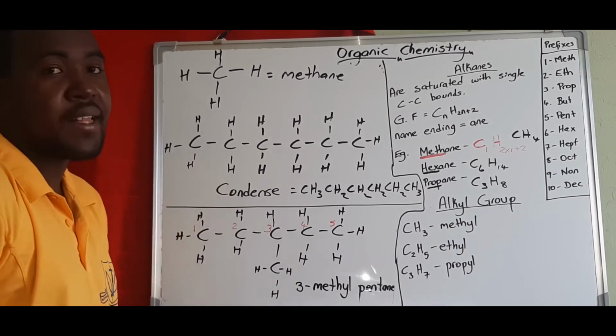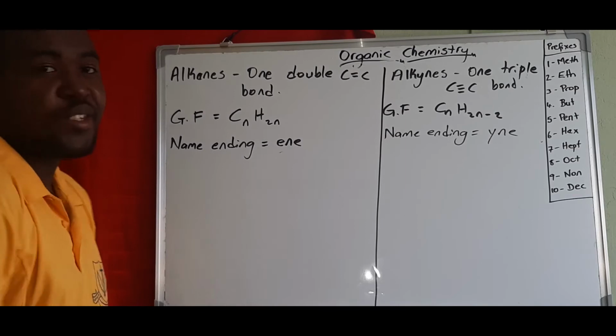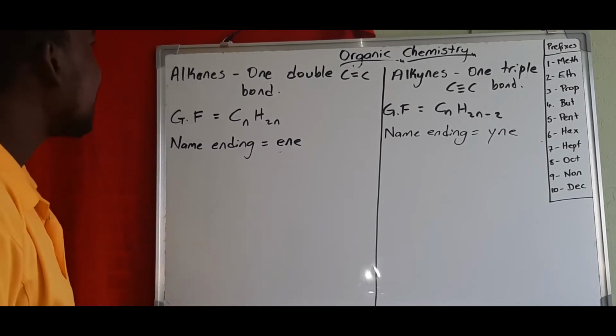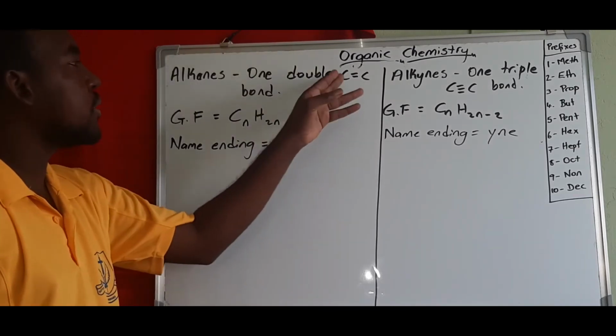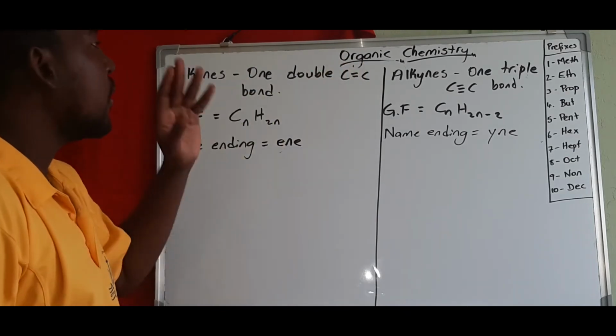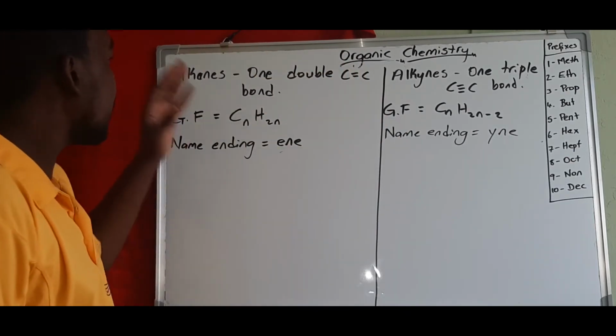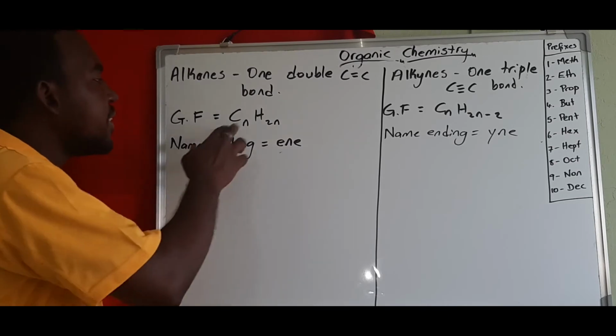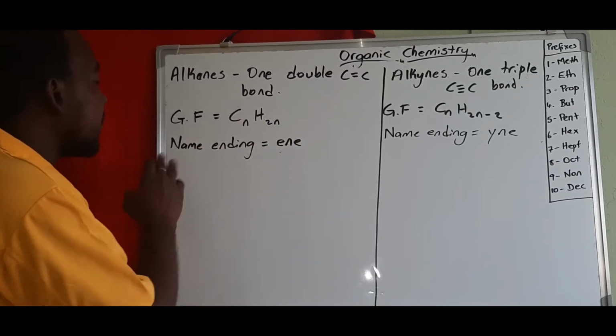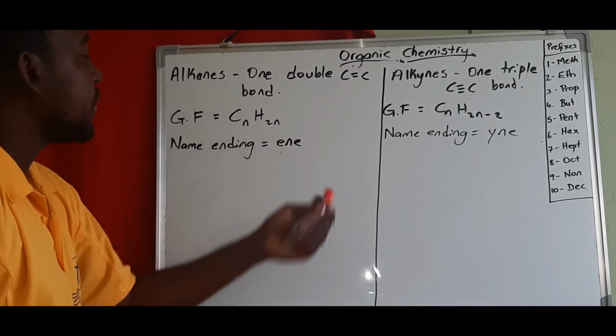So let's look at alkenes now. Alkenes have 1 double bond between 2 carbons. Their general formula is CnH2n, and their names end with ene.